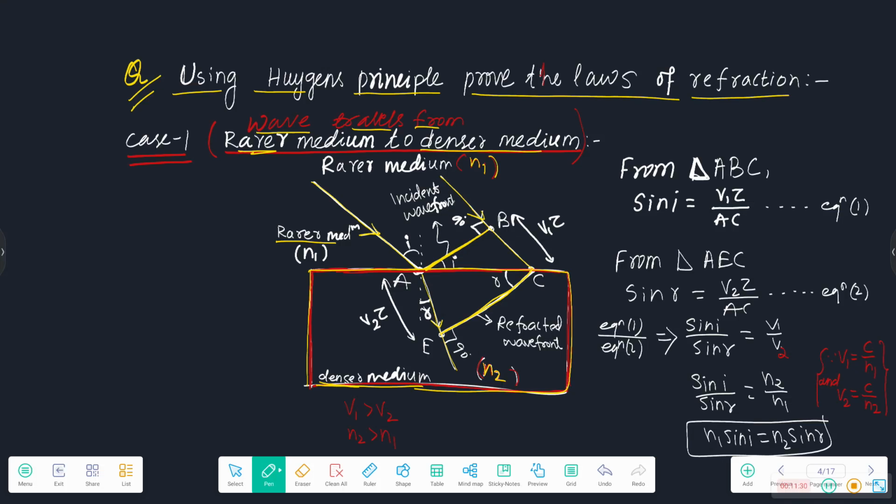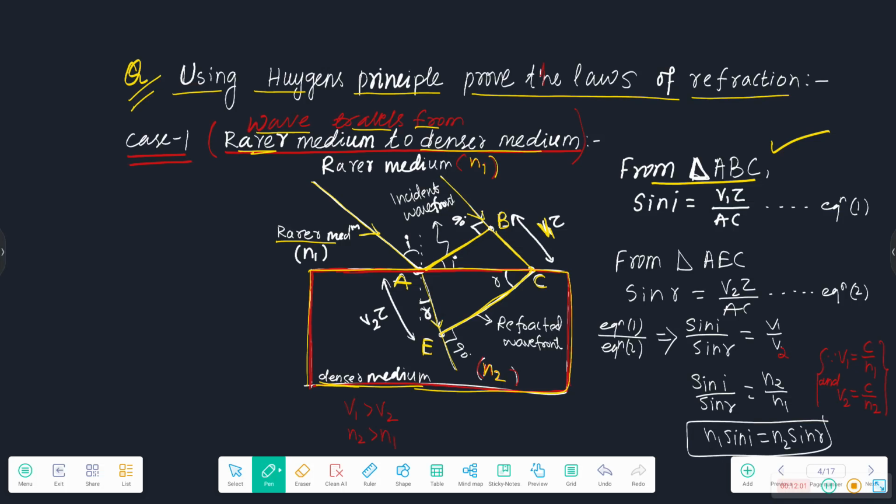Now listen, all of you. Here you have to prove that n1 sin i equals n2 sin r. How to prove? First consider your two triangles, give the points A, B, C. From triangle ABC, BC is v1 tau.